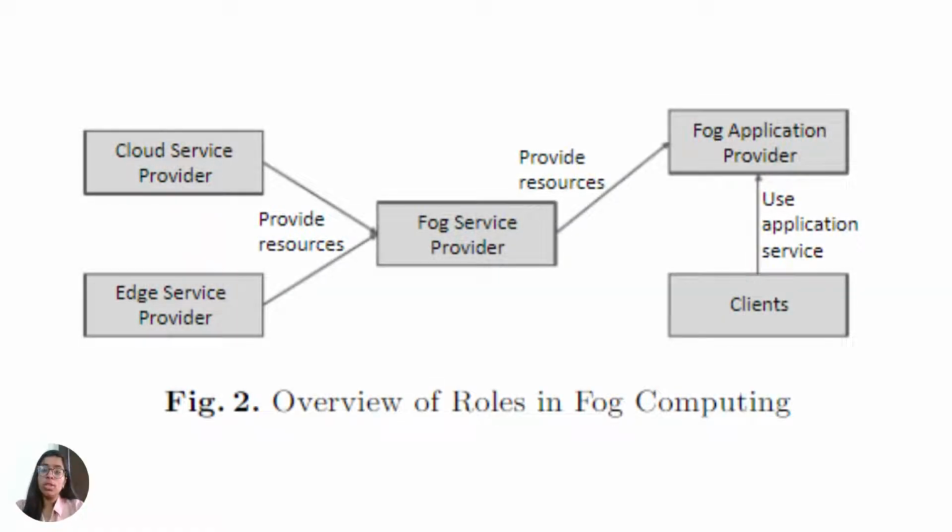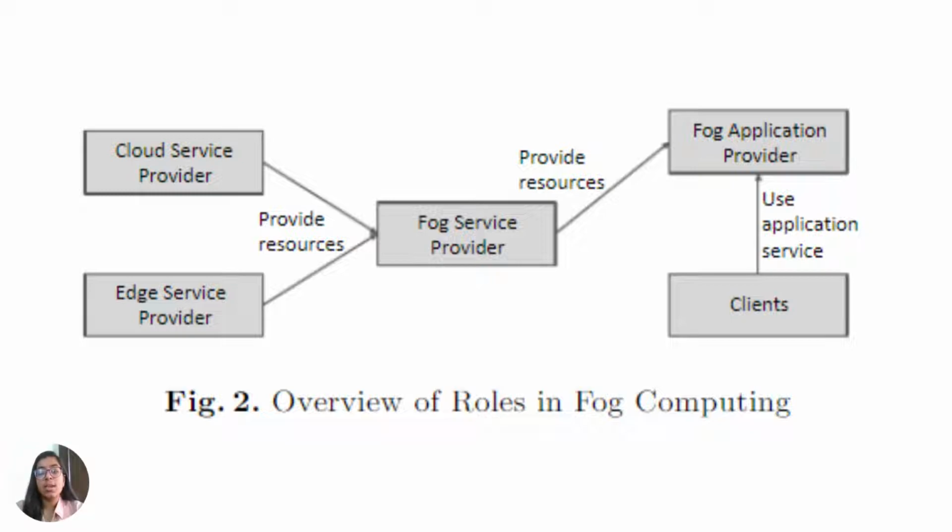Talking about the roles in fog computing, they are as follows. Already today, cloud service providers offer access to cloud infrastructure services. Edge service providers may do the same for edge resources. Fog service providers, in contrast, offer service based access to fog infrastructure resources.